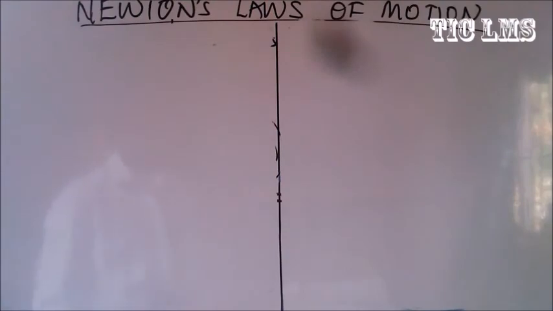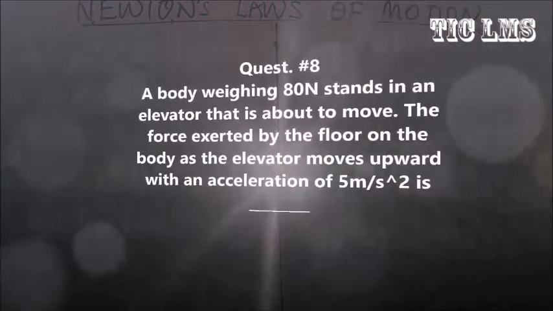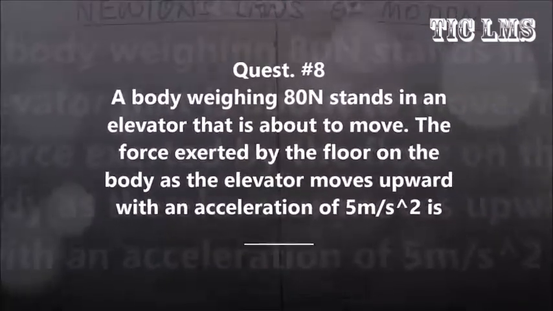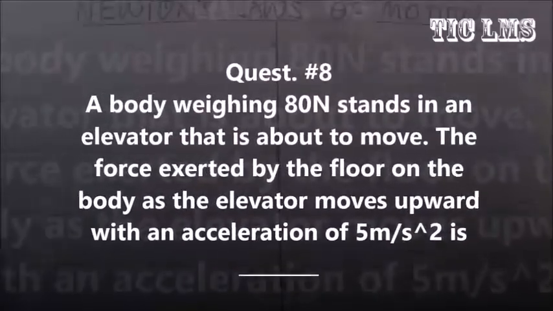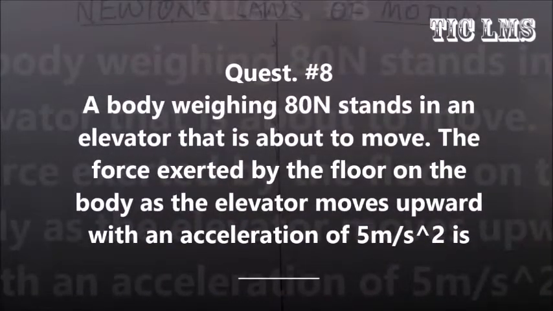This next question says a body weighing 80 Newton stands in an elevator that is about to move. The force exerted by the floor on the body as the elevator moves upward with an acceleration of 5 meters per second squared is what?